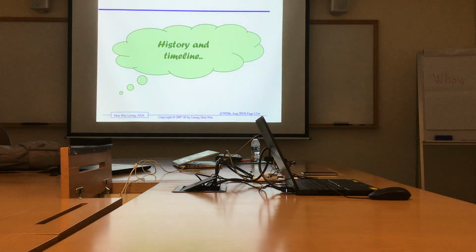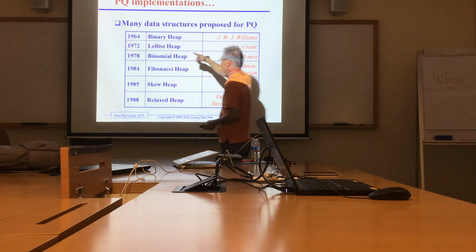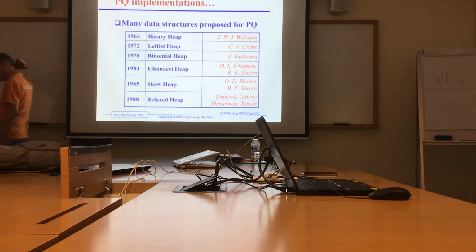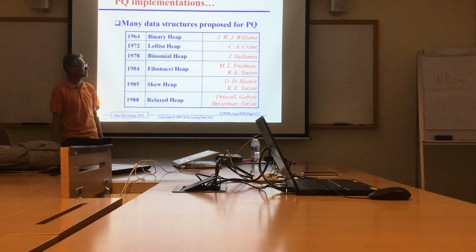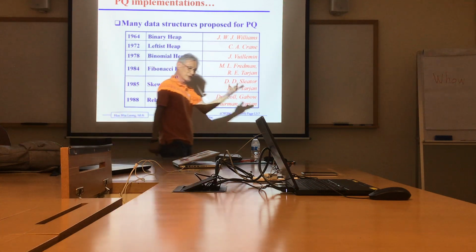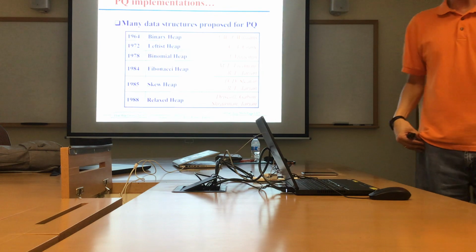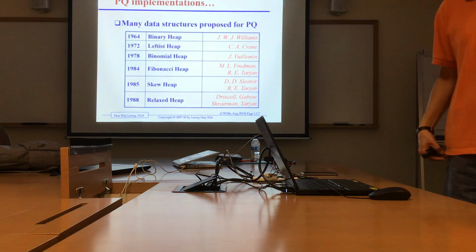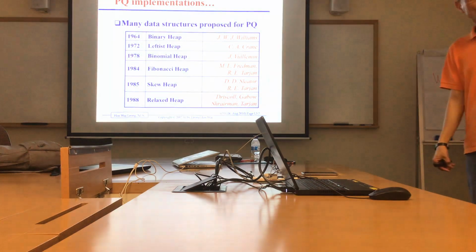So let's look at the history and the timeline. As I said, the only exception is binary heap, because it was invented for sorting actually, by Williams. Bring you back to the early 70s. Pointer data structures, of course now students struggle with pointers, but pointer structures were not that important.